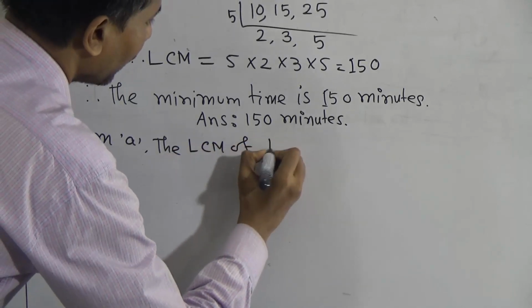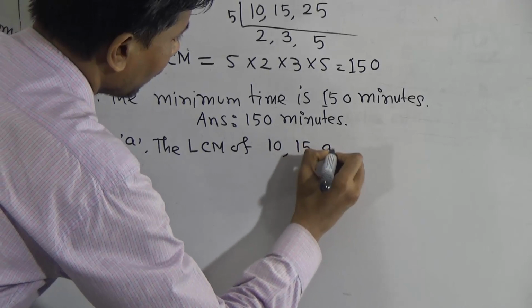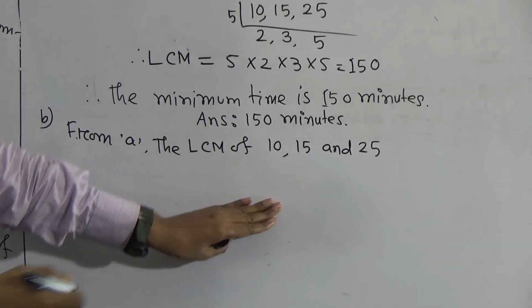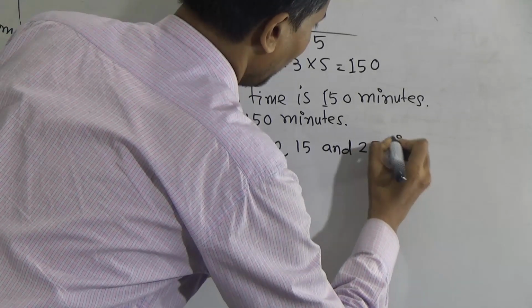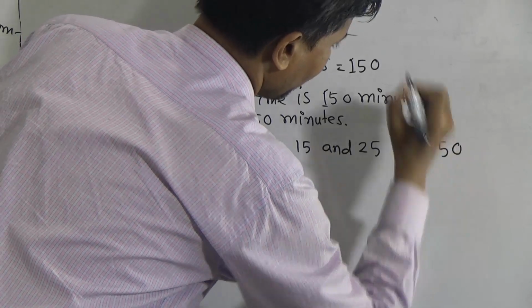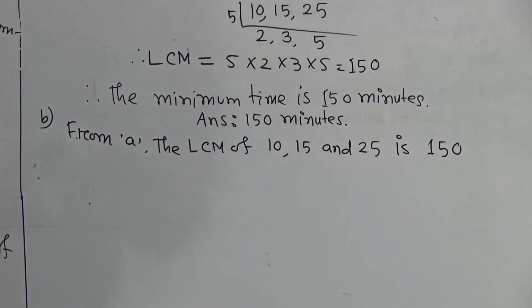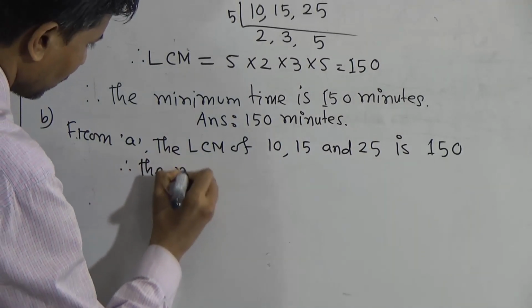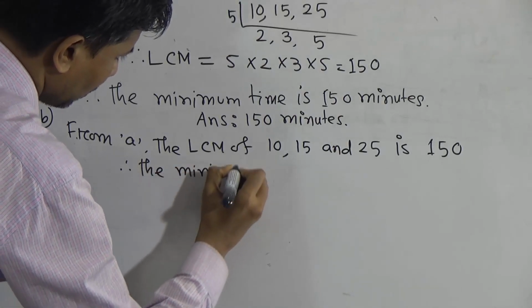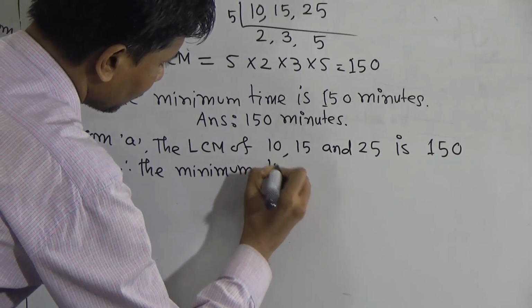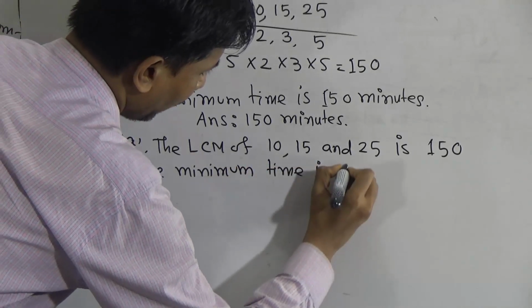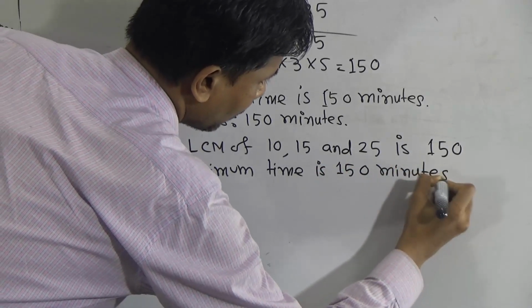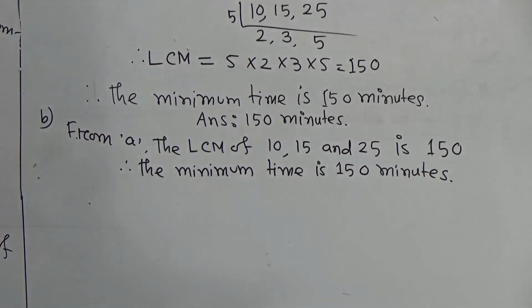The LCM of 10, 15 and 25 is what? 150. That means the minimum time is 150 minutes.